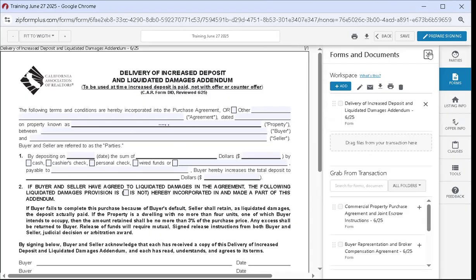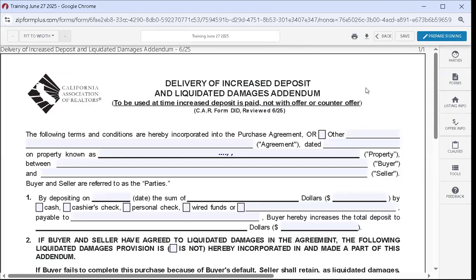If the additional deposit is for extension of escrow or extension of the due diligence period, then that portion of the money should be stipulated to be released to the seller in consideration for the extension. So it won't be included in the liquidated damages.